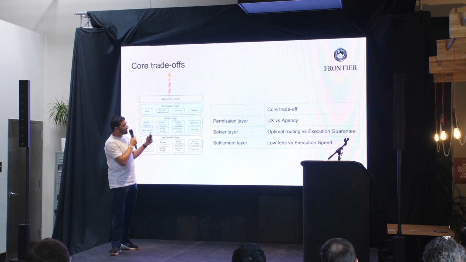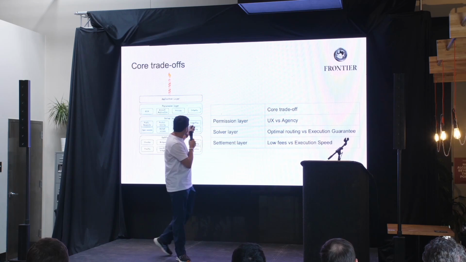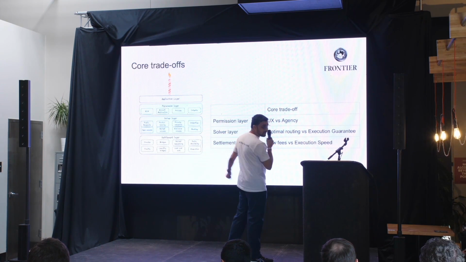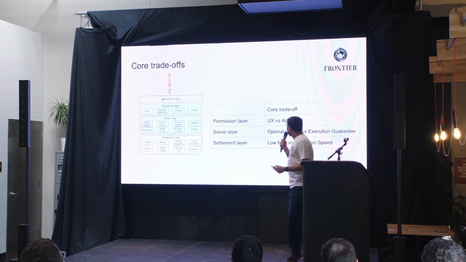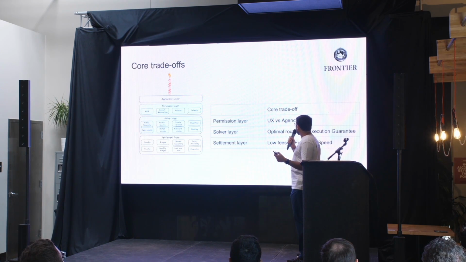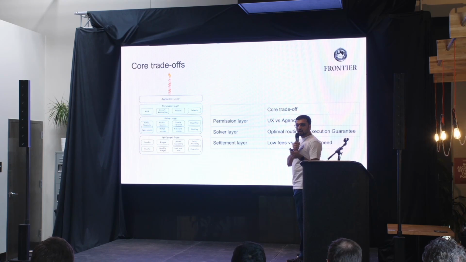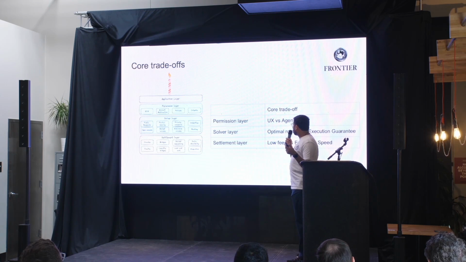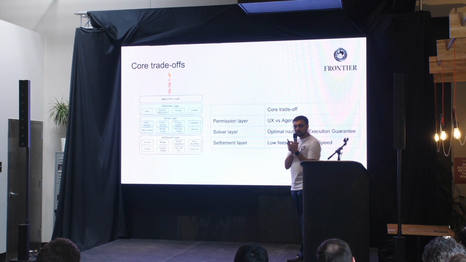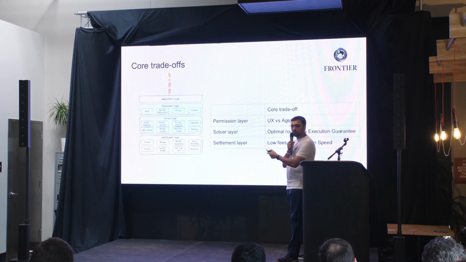The next set of decisions that you would need to make are in these different layers of the cake. When you are talking about the permission layer, the core trade-off there is between UX versus agency. Where in the spectrum of UX versus agency does the user fall? If the user wants to have all the control, then they would prefer something like an EOA wallet.